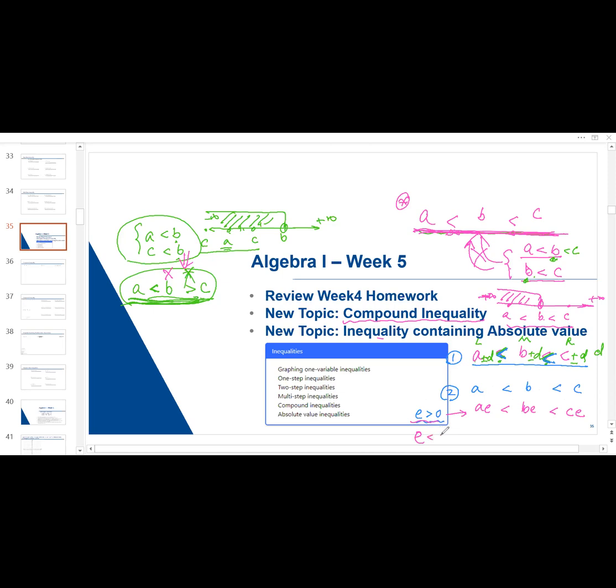If E is a negative number, when the three parts are multiplied by a negative number, their inequality signs need to change into the opposite direction. This is exactly the same as for the inequality. Keep this in mind. This property is exactly the same as the inequality with only a left and right part. Okay, let's go to some examples.